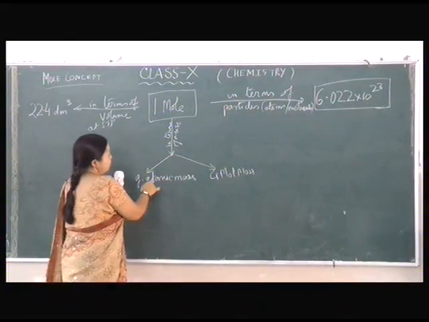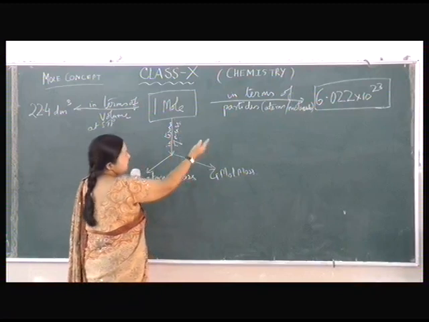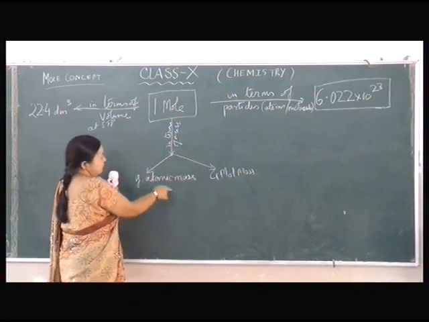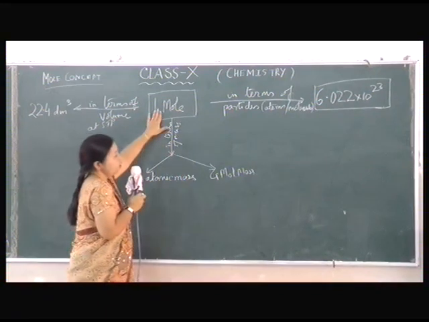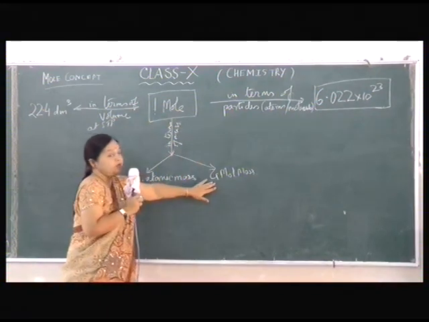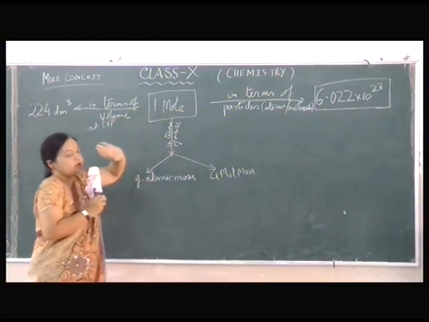If the particle is an atom, then whatever the gram atomic mass of the particle is, that is equal to 1 mole. Whatever the gram molecular mass is, this is also called molar mass. This is equivalent to 1 mole of molecules.